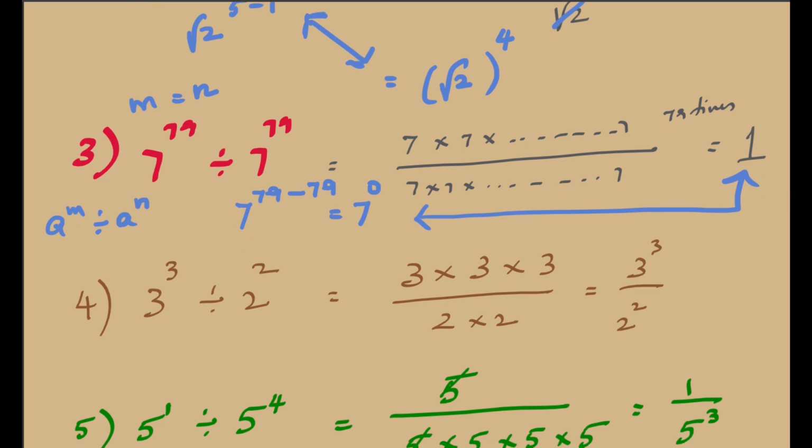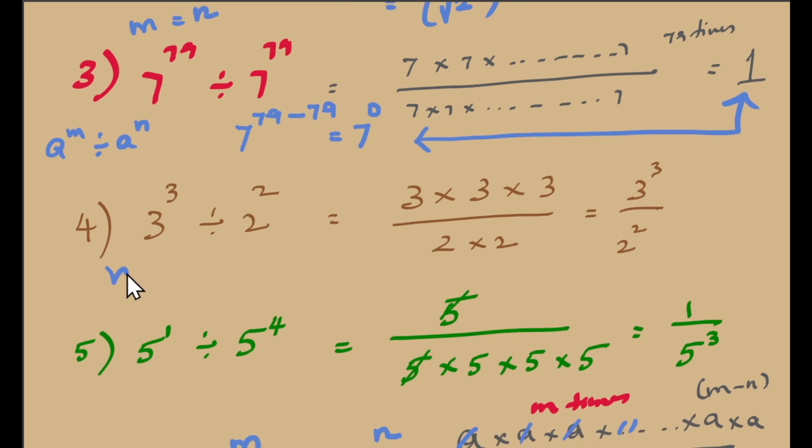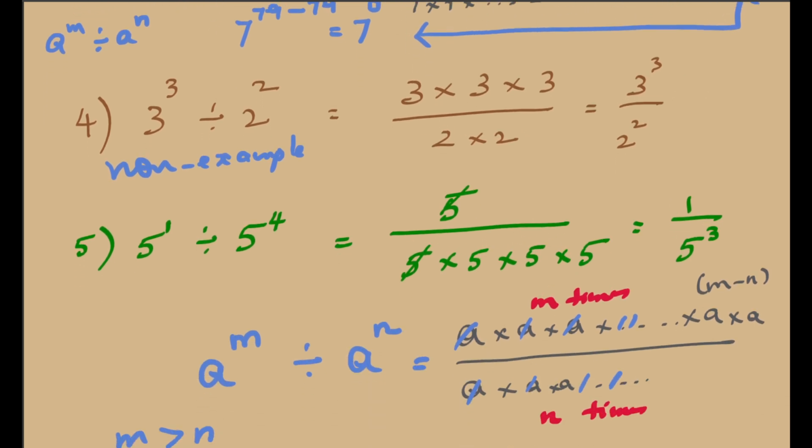And coming to the fourth one, this is a non-example because the bases are not the same, so you cannot apply the rule here. So we'll just leave it. And the last one. Now here you observe that it is a case of m less than n, right? And what if you apply this rule here? You have 5 raised to the power 1 minus 4, or you have 5 raised to the power minus 3.